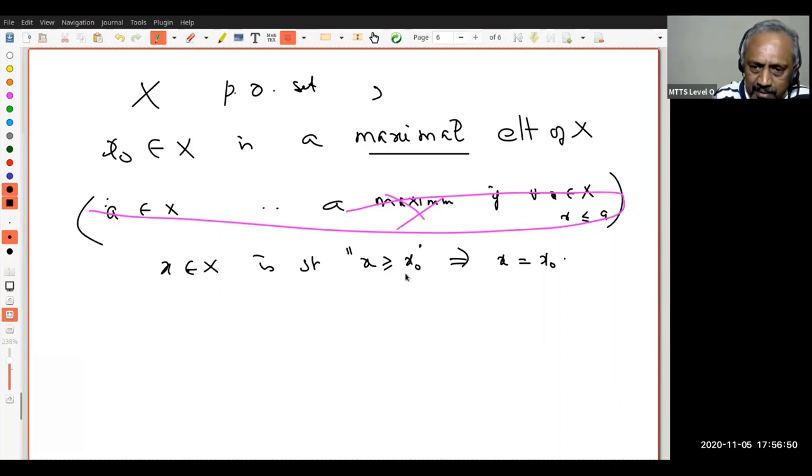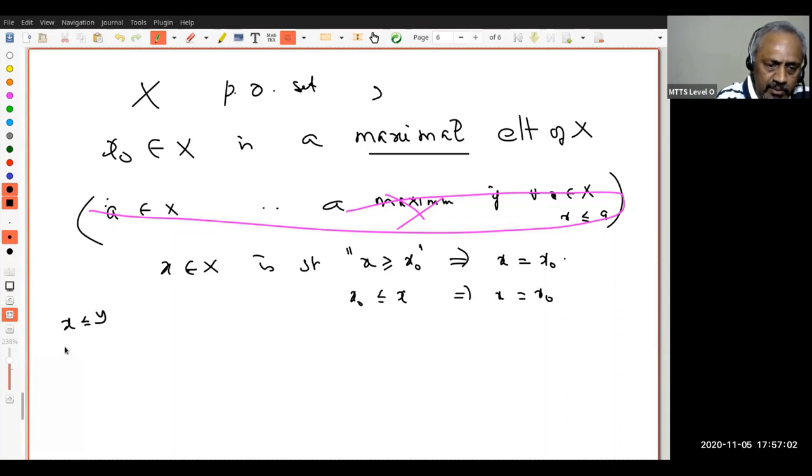We have not defined it. This means if you tell me x naught is less than or equal to x, then that means x equals x naught, right? This is a standard thing in partial order. Whenever x is less than or equal to y, you also say y is greater than or equal to x. But y greater than or equal to x is by definition x less than or equal to y.